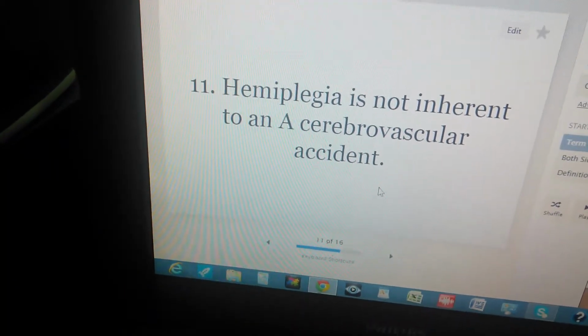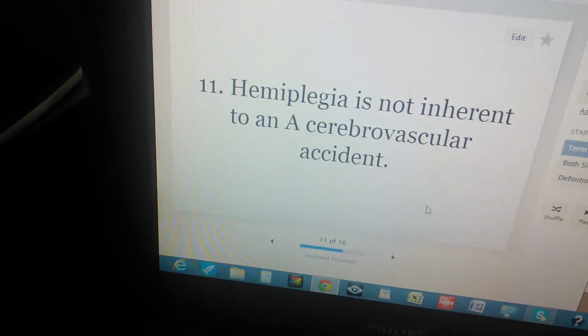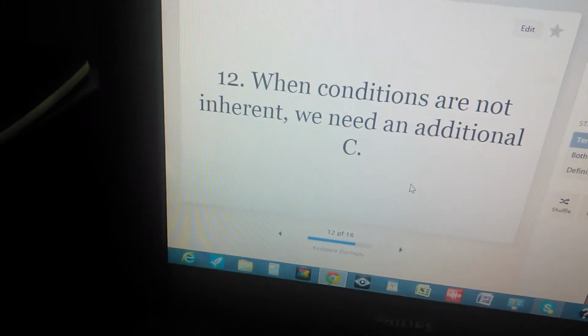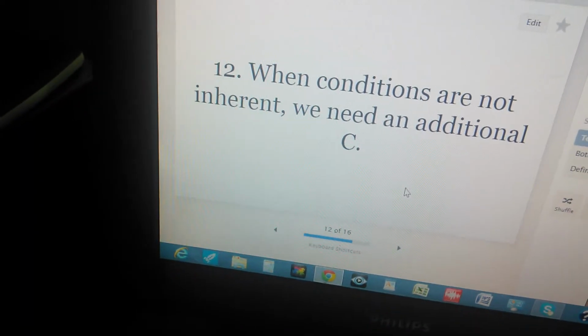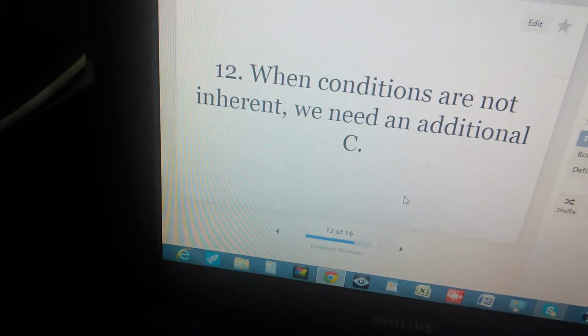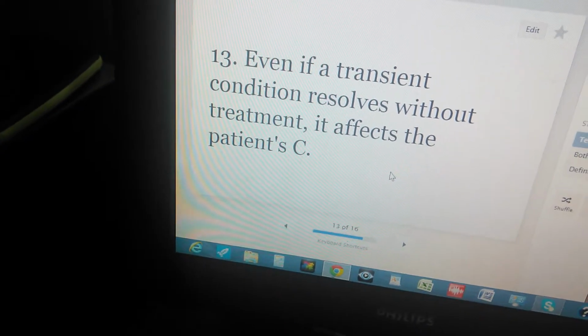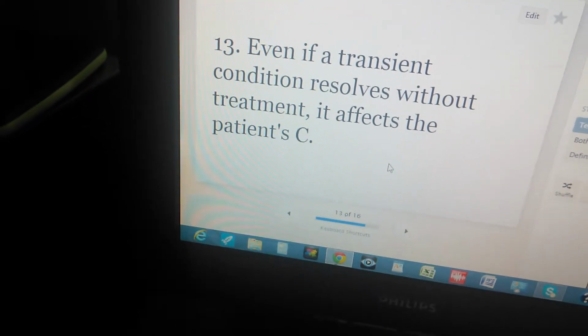Hemiplegia is not inherent to a cerebrovascular accident. 12. When conditions are not inherent, we need an additional C. Code. Right. 13. Even if a transient condition resolves without treatment, it affects the patient's C. Care.